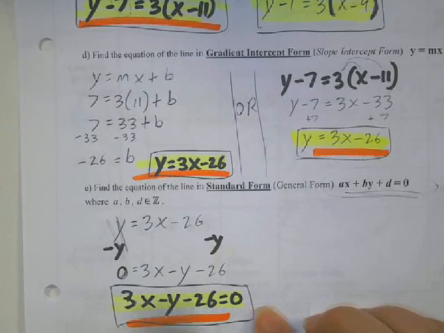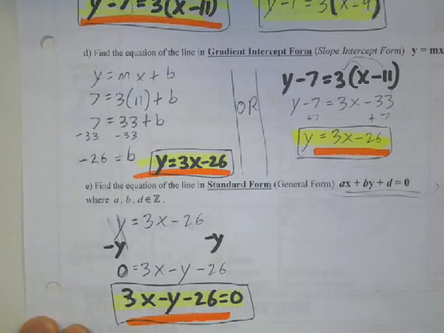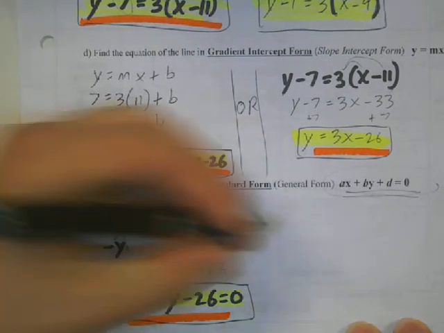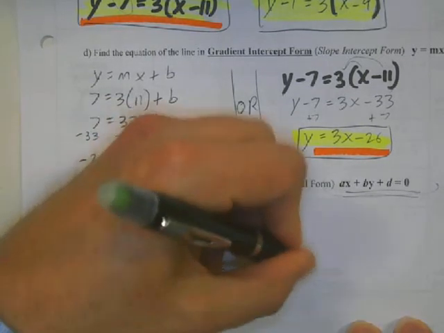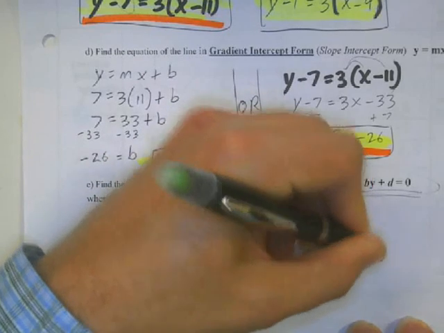Okay, so if you're going to do your IB test, you're going to want to have it in this order. Now, I saw a lot of people writing negative 3x plus y plus 26 equals 0.